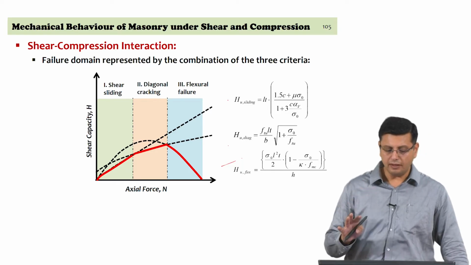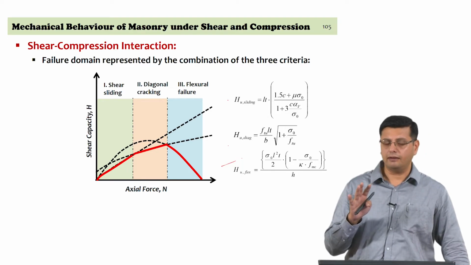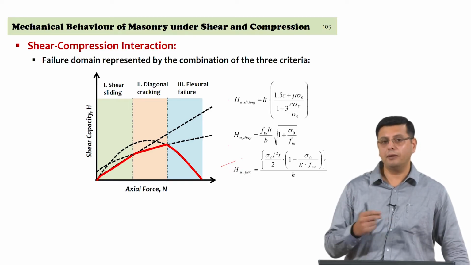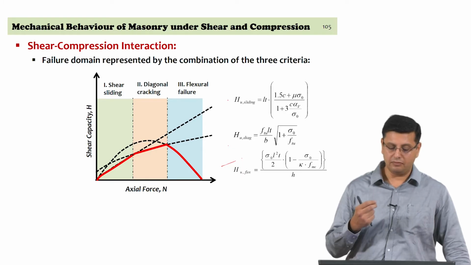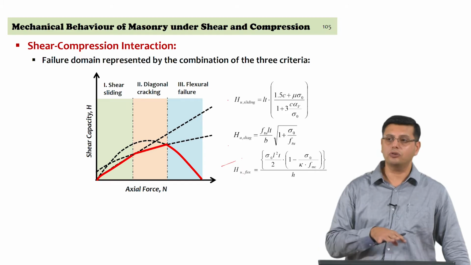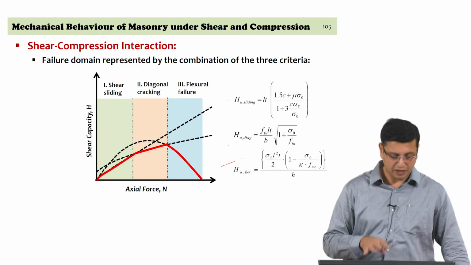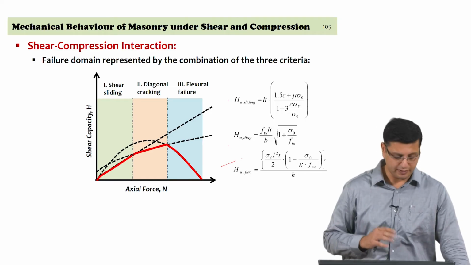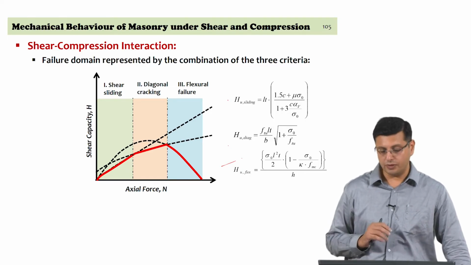Since the in plane behavior is governed by shear, the masonry load bearing wall acts as a shear wall, and we have had to resort to the shear mechanisms to get a full understanding of the behavior of masonry under different levels of axial force.